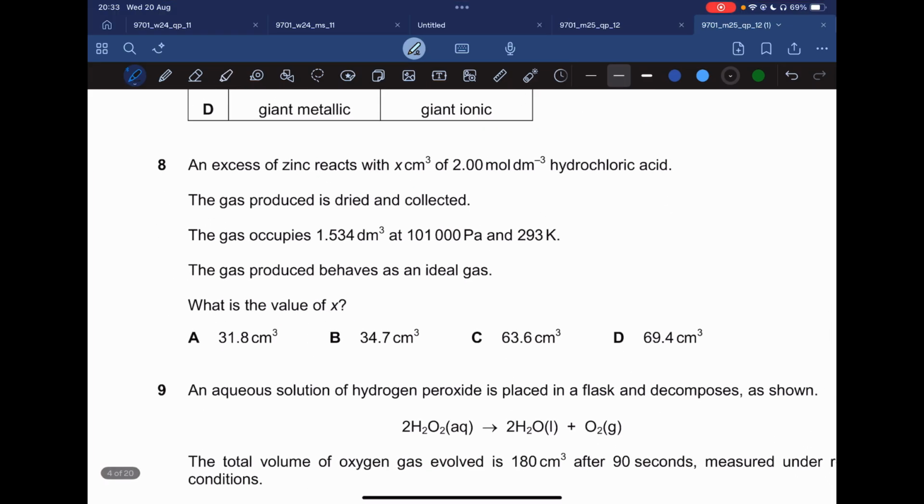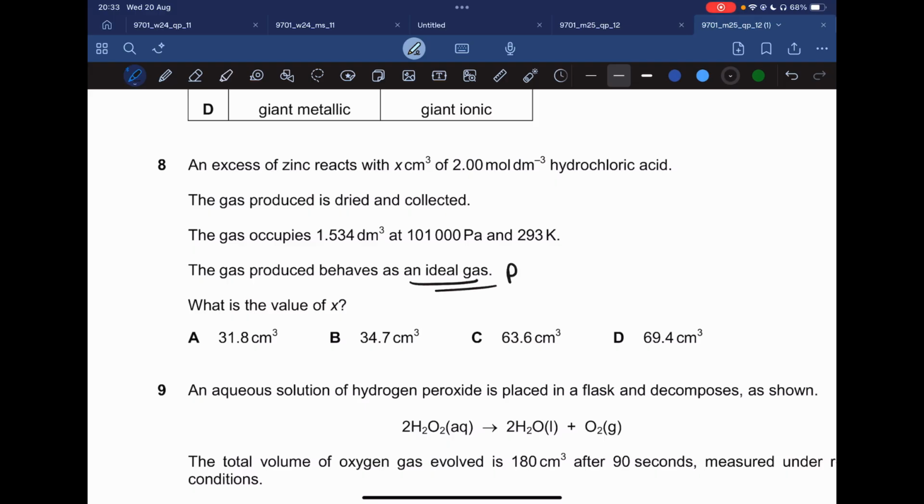Okay, right, they give you an excess of zinc that reacts with 2 moles per decimeter cubed hydrochloric acid. The gas produced is dried and collected, and the gas occupies this much at 101,000 pascals and 293 Kelvin. The gas produced behaves as an ideal gas, so this can give you a hint.